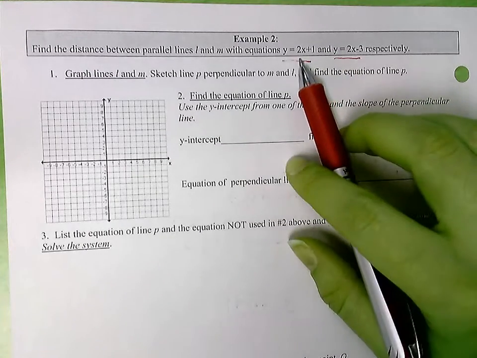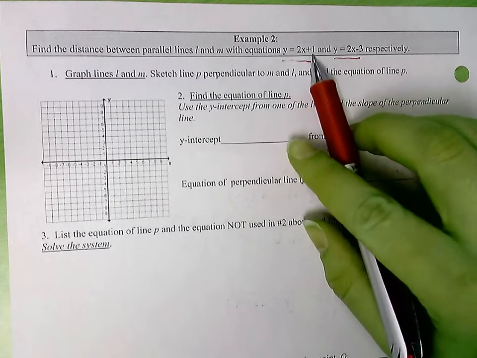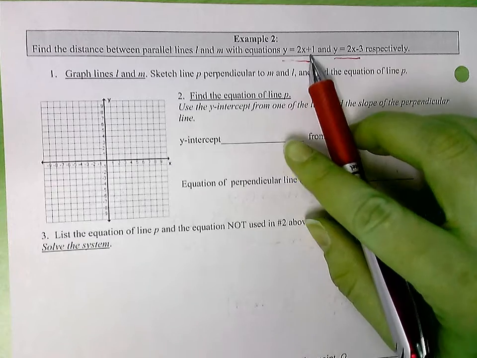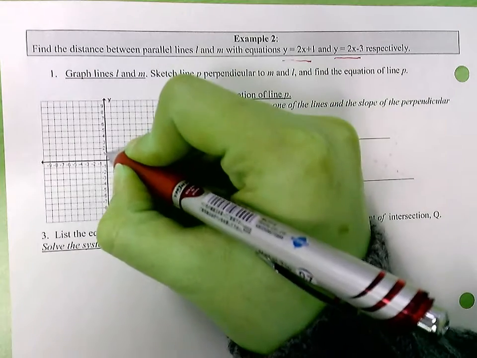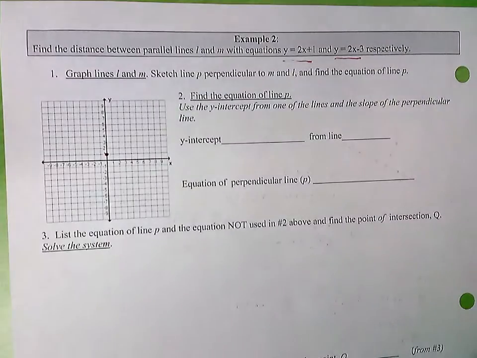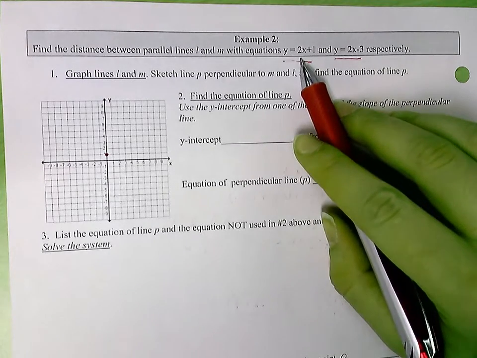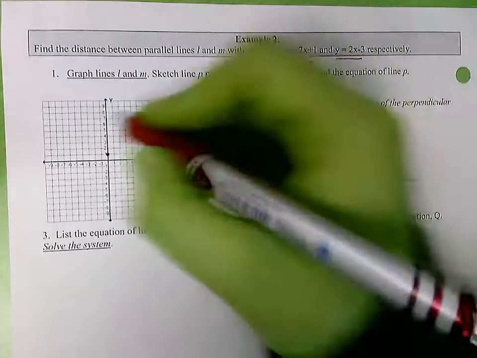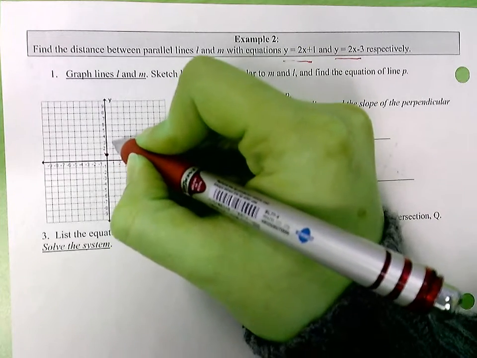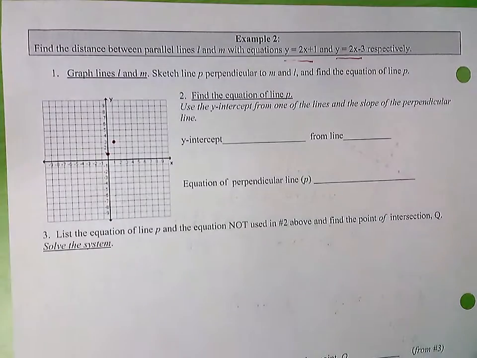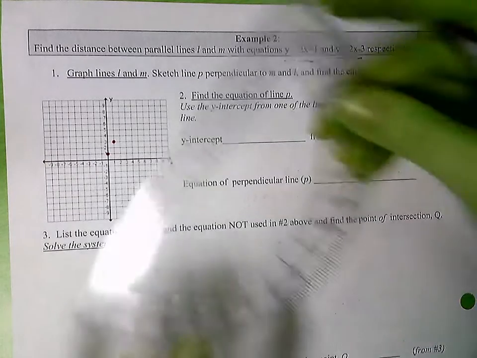So for the first one, line L, we're going to plot our y-intercept at 1. Then I'm going to use my slope to plot a second point. So we're going to go up 2, right 1. Then I can take my straight edge and connect the 2.